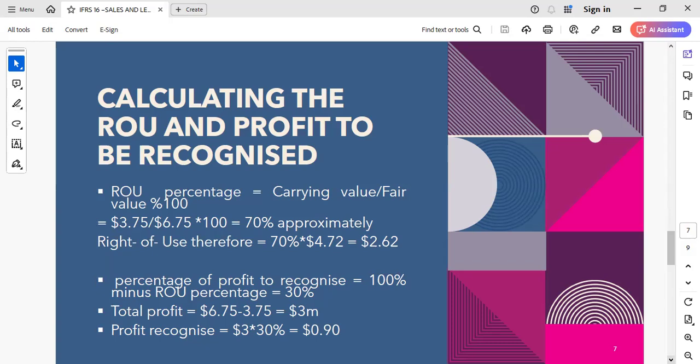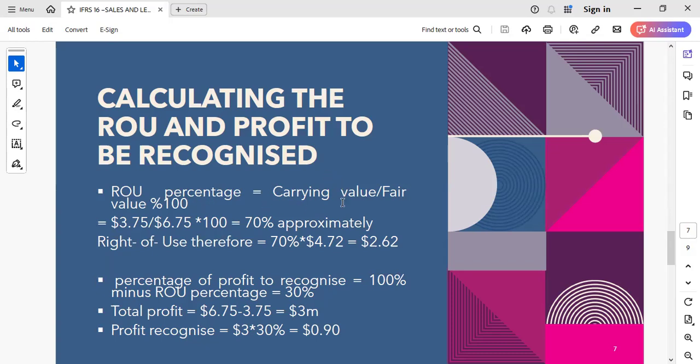So how do you determine the right of use? We said in the previous slide that it is a proportion of the carrying value of the asset that you have transferred to the lessee. There are several methods, but I've decided to use this simplified approach. First, determine what I call the right of use percentage. And how do you do it?